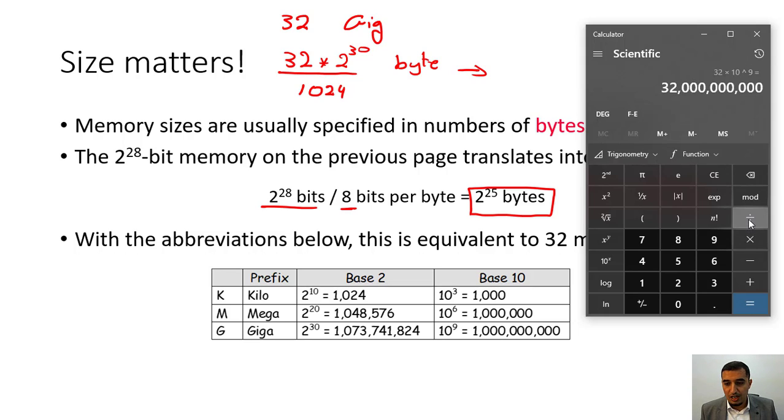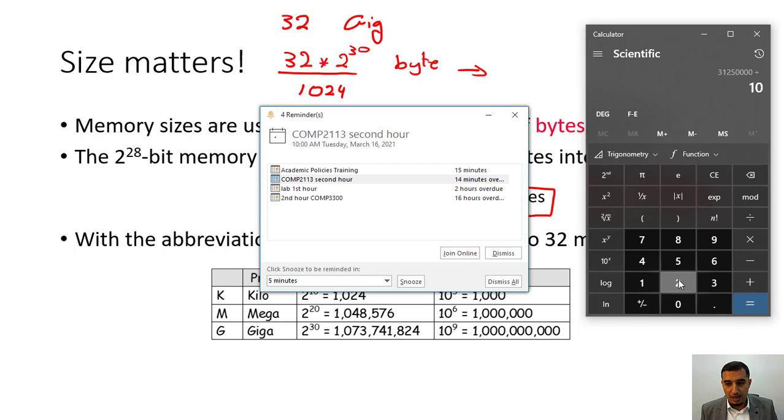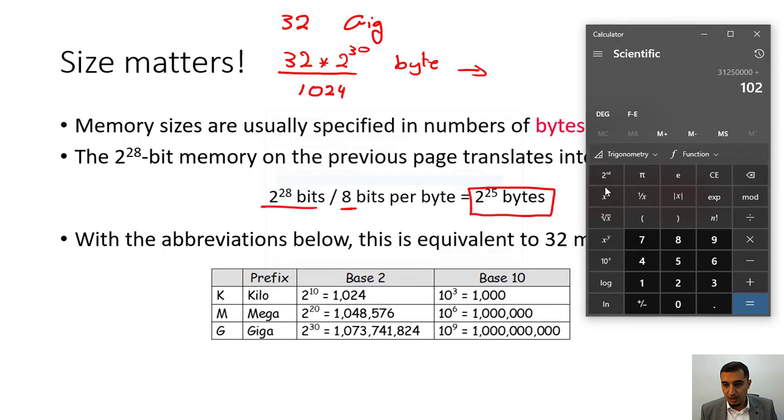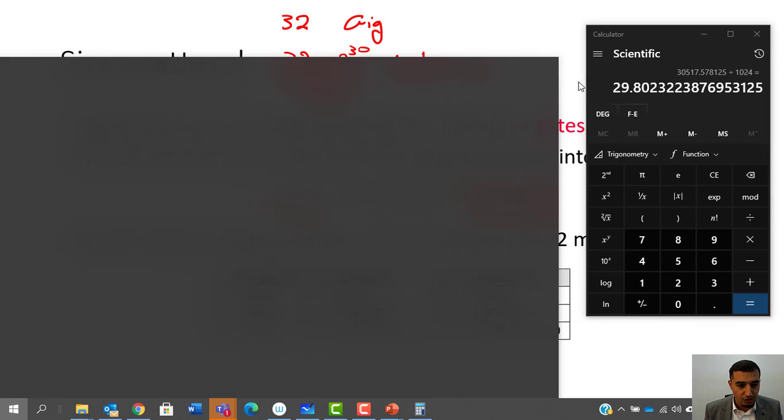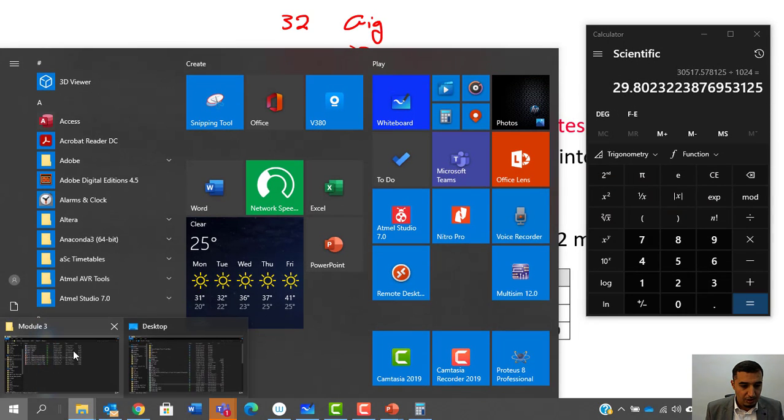You start by dividing by 1024, you get the kilo, divided by 1024, you get the mega, divided by 1024, you get your actual memory. So if you buy a flash memory which has a size of 32 gigabytes, you are going to end up with 29.8 actual gigabytes.